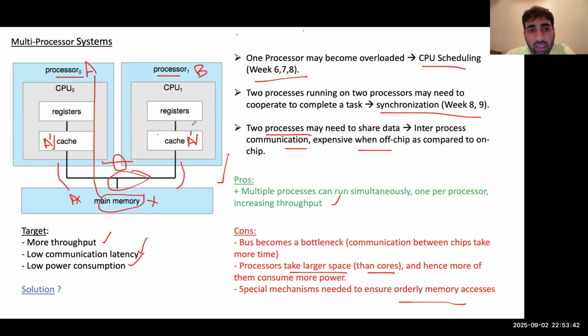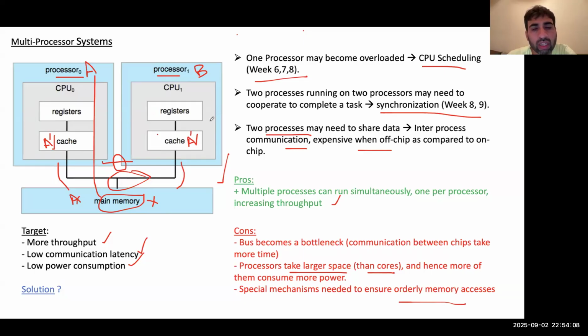You will have registers, you will have L1 and L2 caches in each processor. You will have all other components in each processor, which we have not shown in this figure, like predictors, prefetchers, TLBs, and other components which we are not going to talk about in this course because this course is not about computer architecture. So we will have all those components in each of the chips, right?